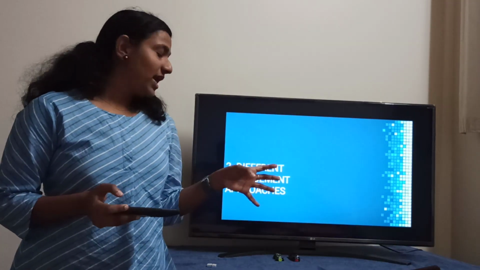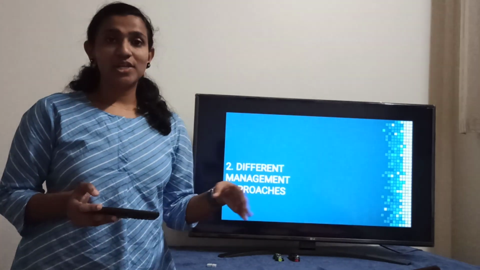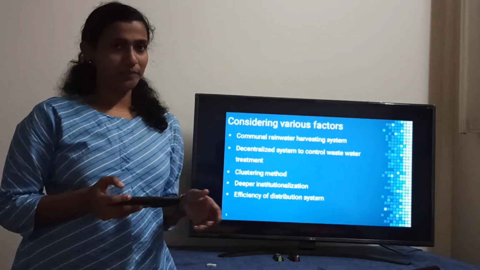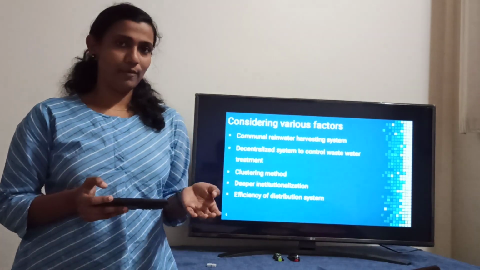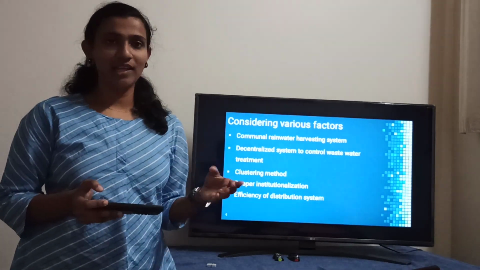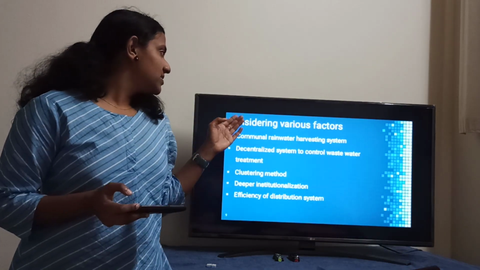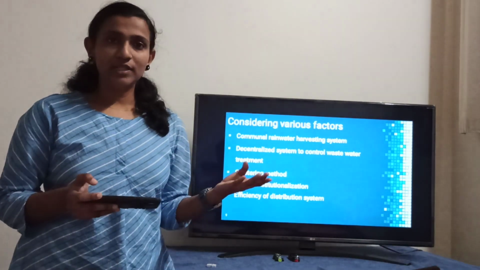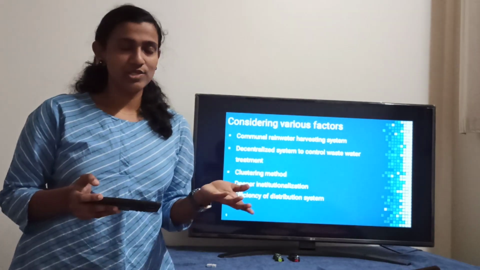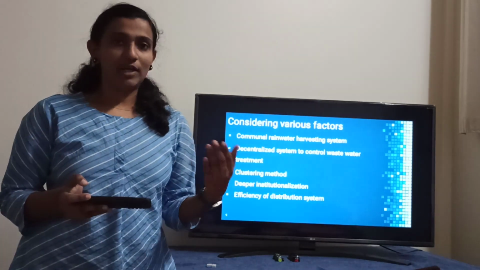Next are different management approaches. It was carried out by considering various factors. The first factor is rainwater. It's a traditional approach in which a communal rainwater harvesting system was designed in the year 2013, and its design includes the collection of rooftop water from 46 residents, and the water was stored in a common tank for water treatment.